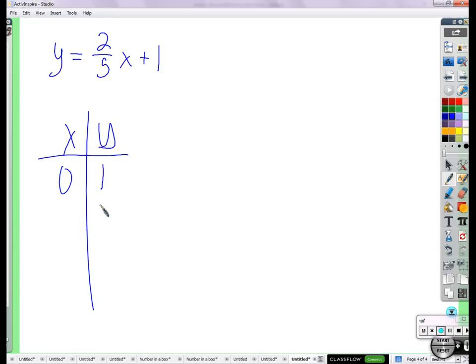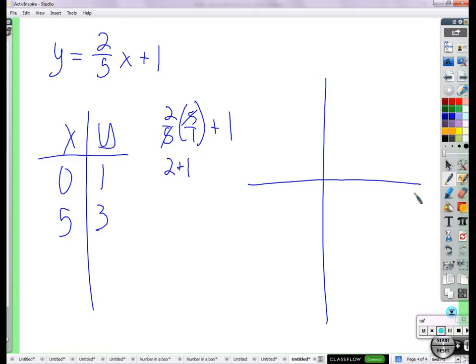We've got plenty of time because we saved a bunch of time by plugging in 0. Plug in 5. Let's see that in slow motion here. 5 over 1 is 1, the 5 and 5 cancel. We get 2, 1, 3. And we know it's going to be a line because it looks like y equals mx plus b. So, 0 for x, 1 for y. There's that point. 5 for x: move over 1, 2, 3, 4, 5.